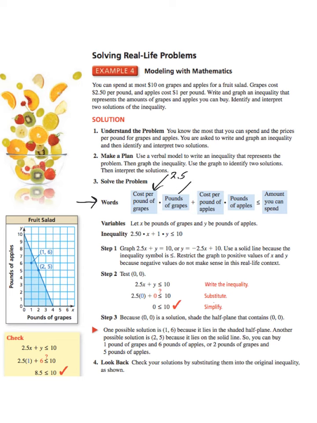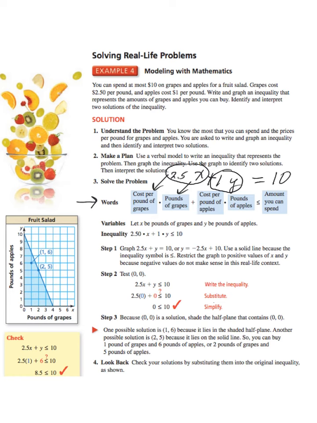We'll call the number of grapes X. The cost for apples is going to be $1 a pound, and the number of pounds of apples is going to be called Y. So if you multiply the price times the number of pounds, you get the amount of money you spent on the grapes. You spend $1 times the number of pounds of apples on the apples. If I add those two together, that's what gives me my $10.